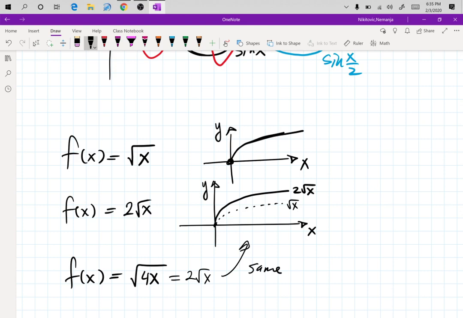If you have 4 absolute x or absolute of 4x, that 4 can just jump outside. So it's very hard to understand this particular transformation, which is why I usually don't bother students with it a lot, because it's so hard to see on functions that don't utilize this transformation very well.